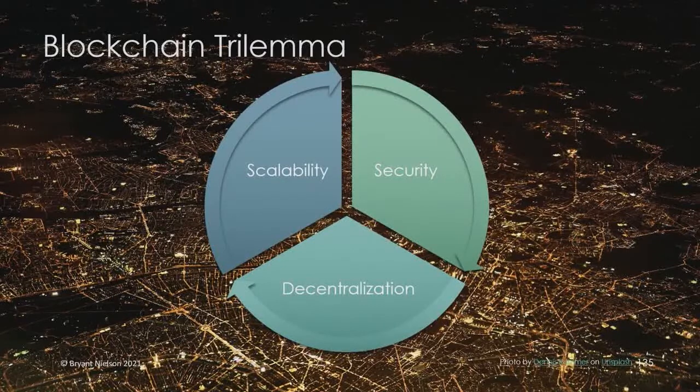So the whole problem of any protocol, especially as it relates to blockchain, is this trilemma. How do you balance out scalability, security, as well as decentralization? And every solution that we have right now is trying to balance these things out.